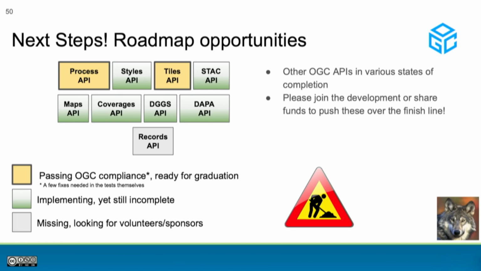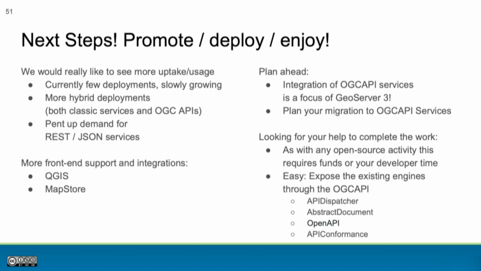Sometimes the work is incomplete, and sometimes the standard is incomplete. But this is all activities we'd like to see progress. And the only one we have completely missing here is the Records API. We have the Catalog Service Web implementation in GeoServer, but we don't have the corresponding OGC API Records. So yeah, if you are interested, please help join development and help push these over the finish line.